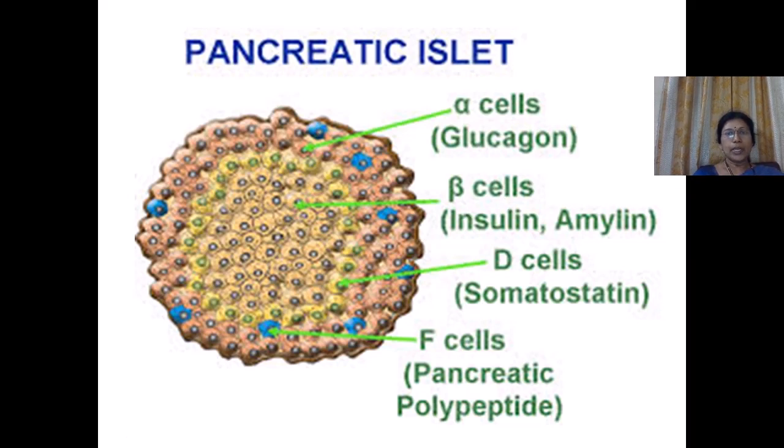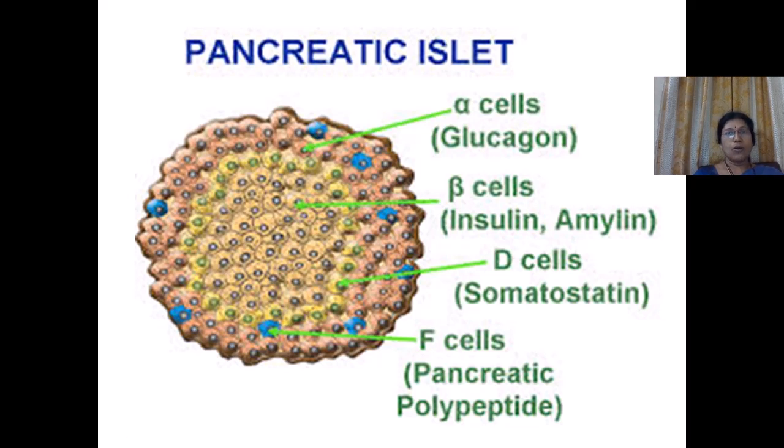Insulin is a hypoglycemic factor and it reduces the blood glucose levels by increasing the uptake of glucose by the cells and glycogen synthesis. The delta cells secrete somatostatin. Somatostatin is an inhibiting hormone. It works antagonistically to somatotropin, that is growth hormone, insulin and glucagon. And the F cells secrete pancreatic polypeptide.